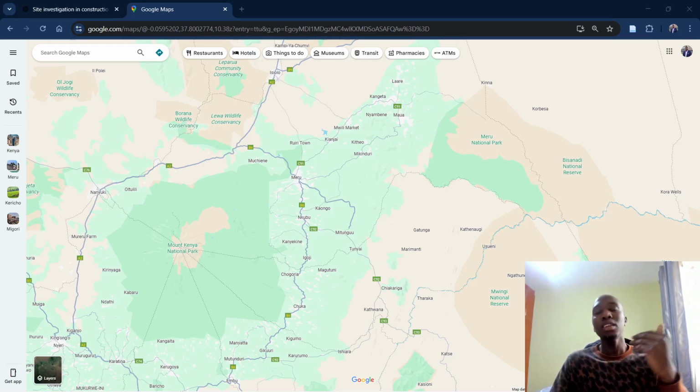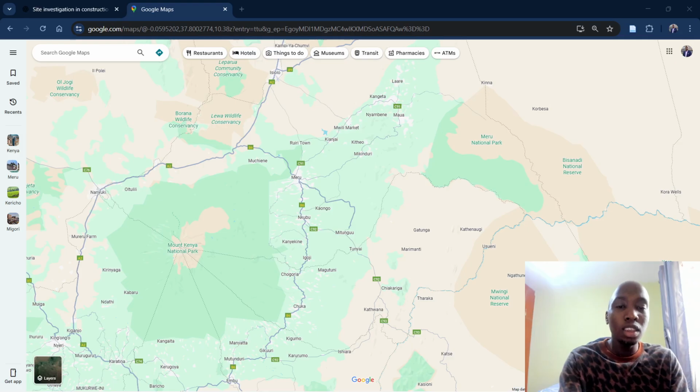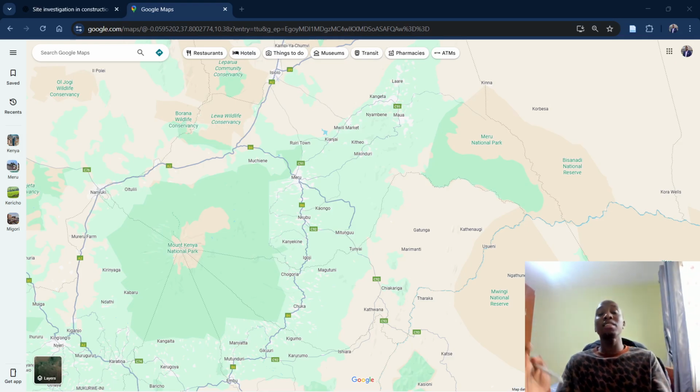You collect existing information: topographical maps, aerial photos, geological surveys, records of all structures and past site uses. This can be identified just where you are seated.